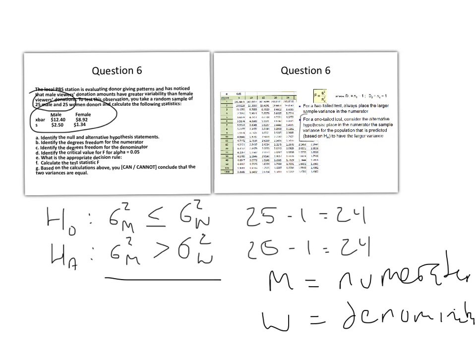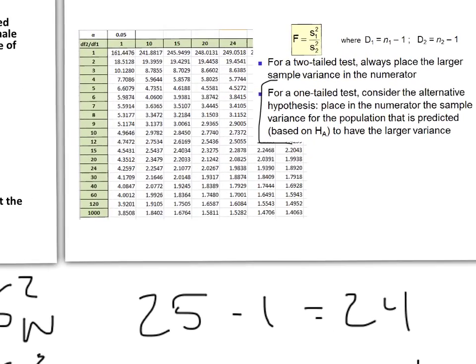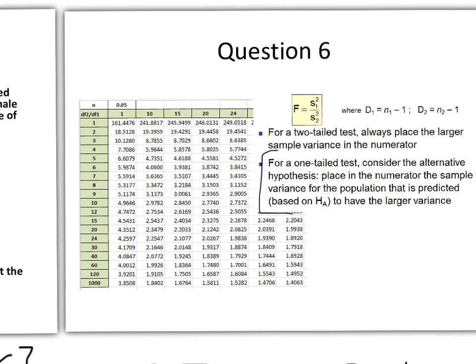The reason that matters is to get our critical value for F. So we'll go back to our table here, and in the numerator we have 24 for our degrees of freedom, 24 here, meaning our value for F is going to be 1.9838. So F of alpha is equal to 1.9838.